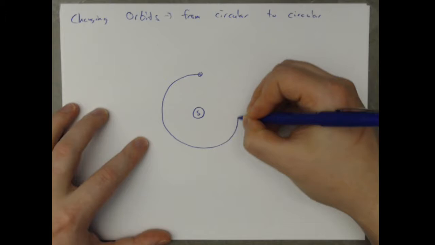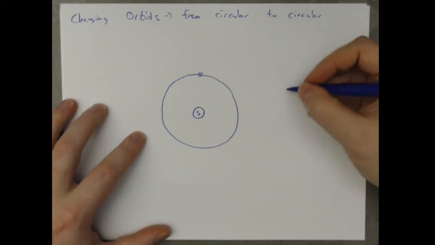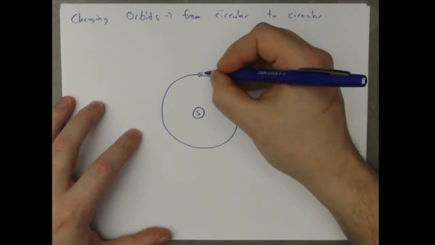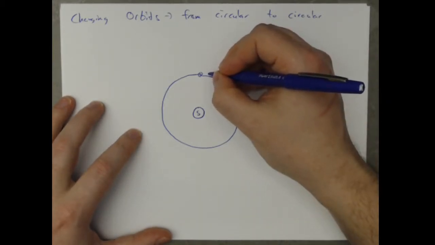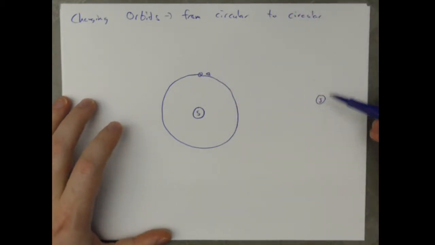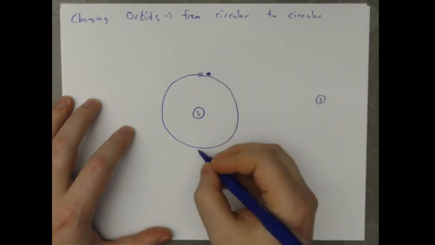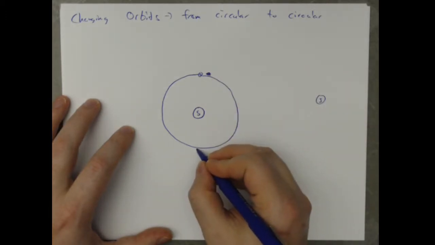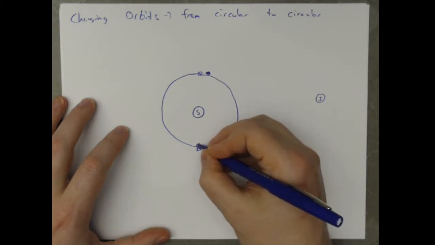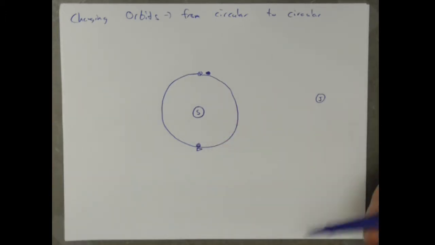We have our circular orbit, but out here we have Jupiter, and we want to send a rocket ship launched from Earth to orbit with Jupiter.